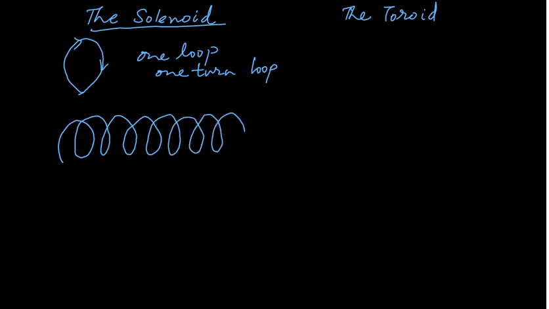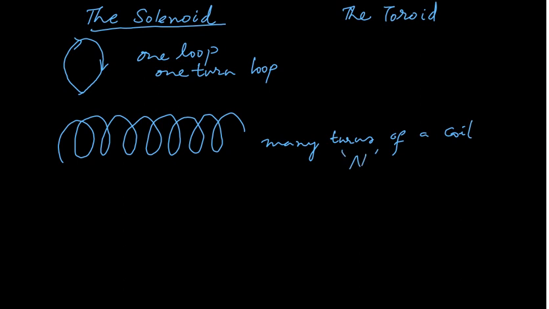You got it, right? So this is like many turns of a coil. The turns can be n number of turns or whatever.